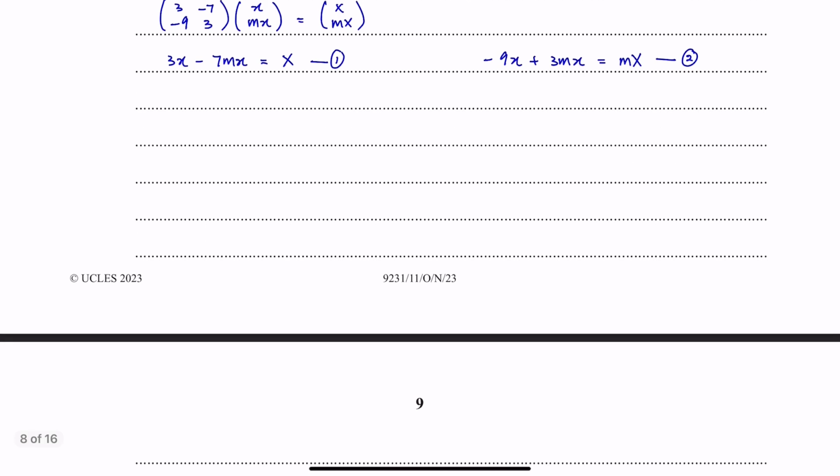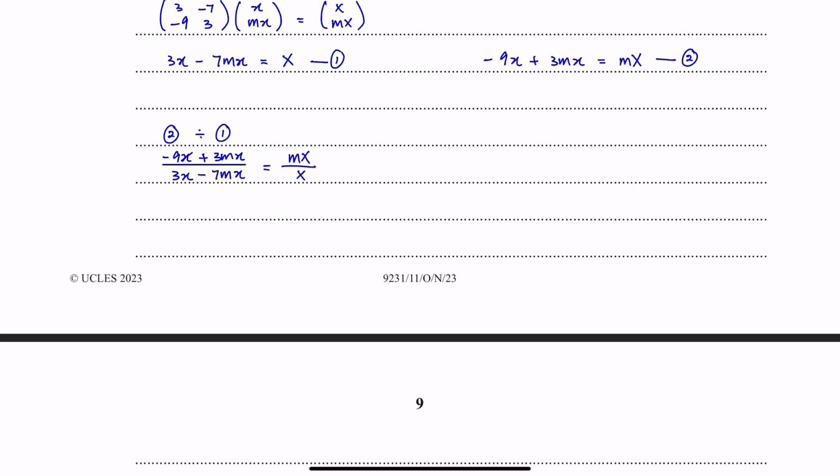So this is basically just simultaneous equations. We can take the second equation to be divided by the first equation. So we get negative 9x plus 3mx over 3x minus 7mx equals mx over x.